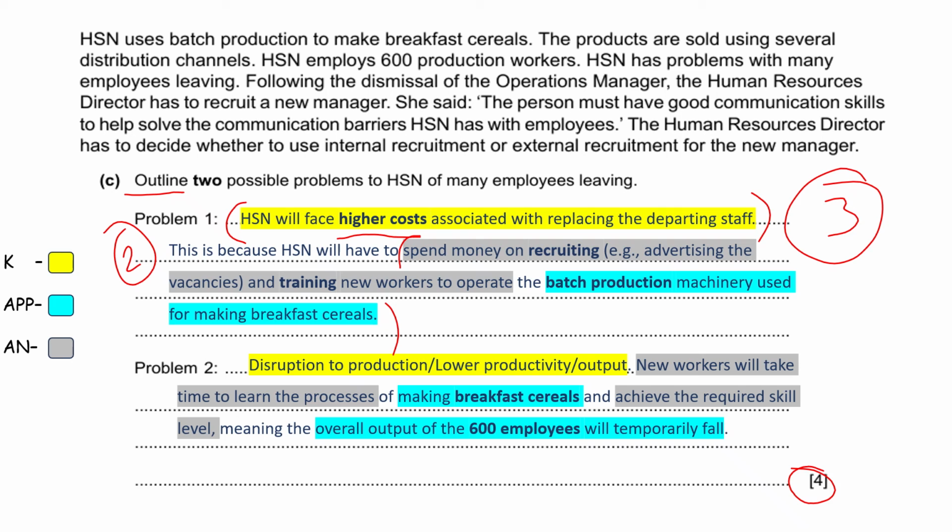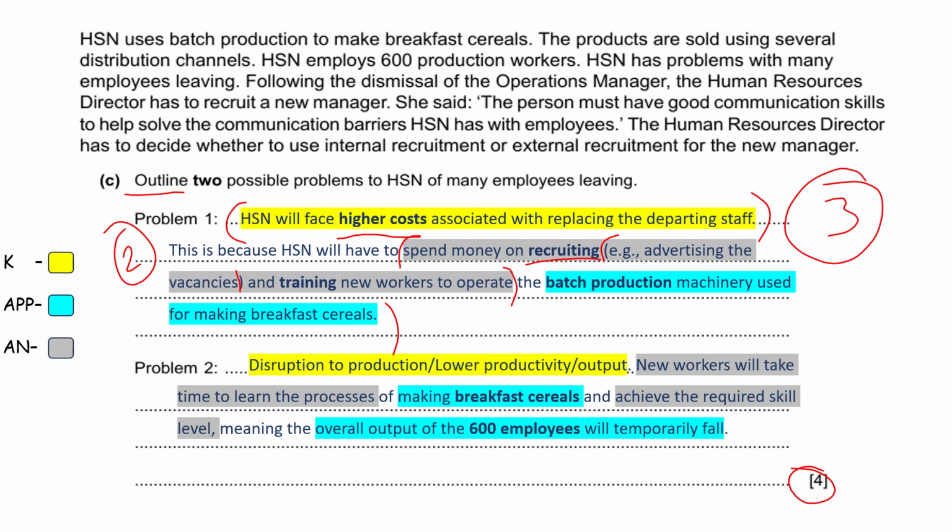Why do they face higher cost is the analysis. So it says this is because HSN will have to spend money on recruiting. Always include real life examples like I have included in the brackets. Example, advertising the vacancies, training new workers to operate. Now this is my analysis.